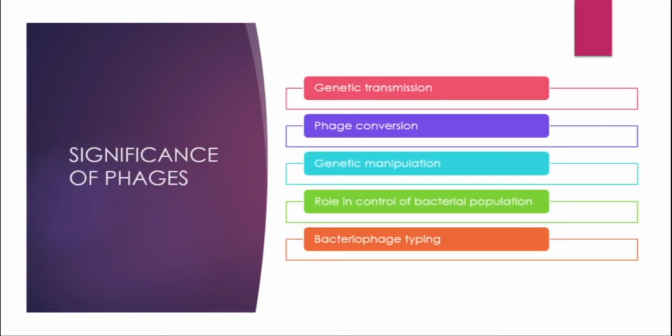So I can study more on viruses by focusing on these bacteriophages. They can be grown easily on bacterial cultures. The significance of bacteriophages includes that these are agents which can be used for genetic transmission of characters from one generation to another generation.